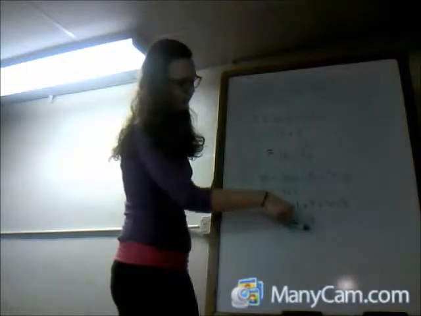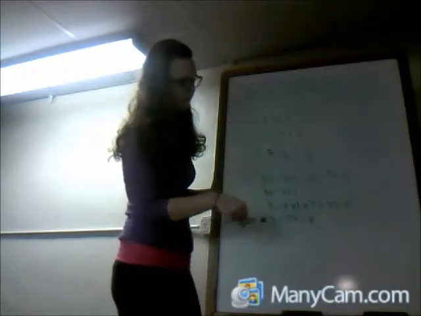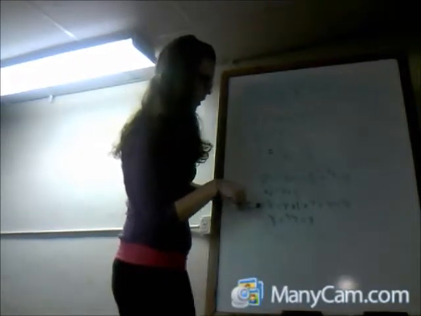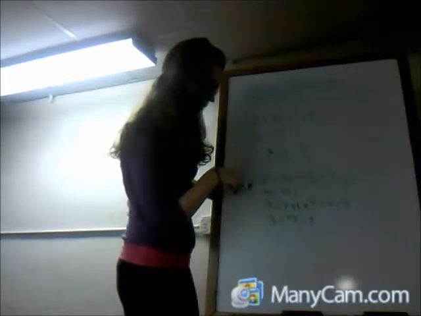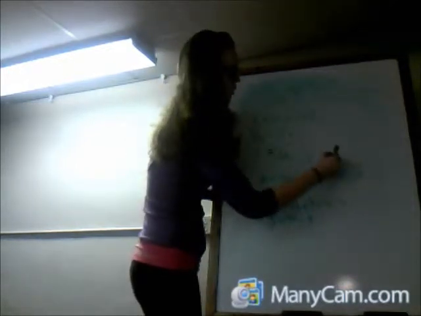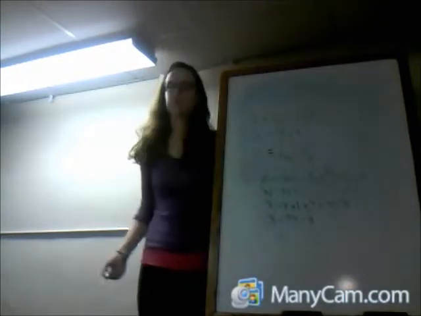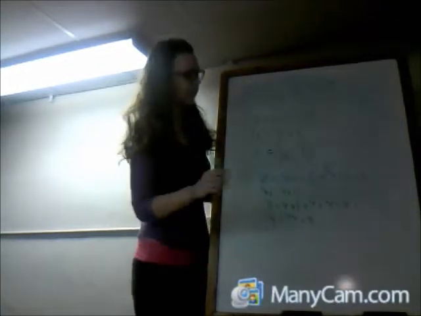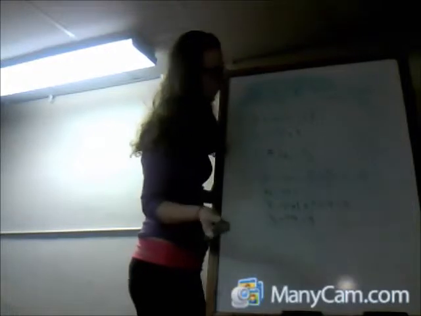If we choose Y as 1, then X is going to be 0. But if we choose Y equals 1, what's going to happen to Z? Z is going to be negative, right? Okay, great. So that can't be it either. So what about Y equals 2?